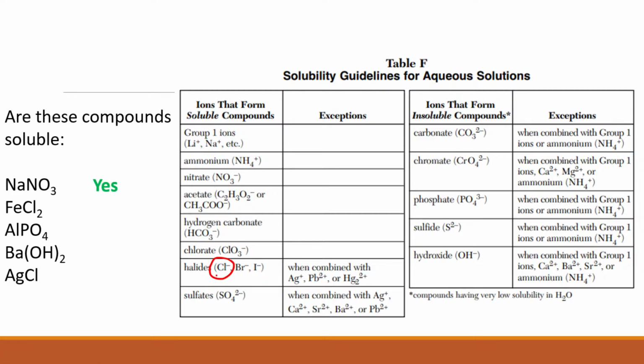Chloride is normally soluble. Iron is not one of the exceptions, so iron chloride is also soluble.